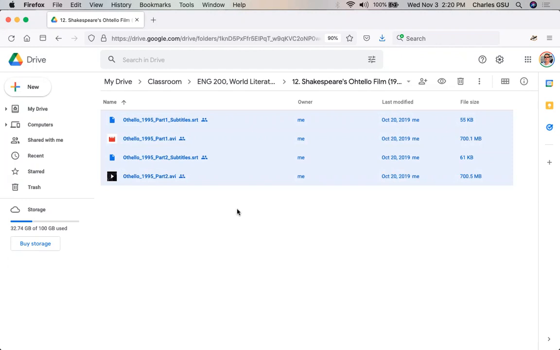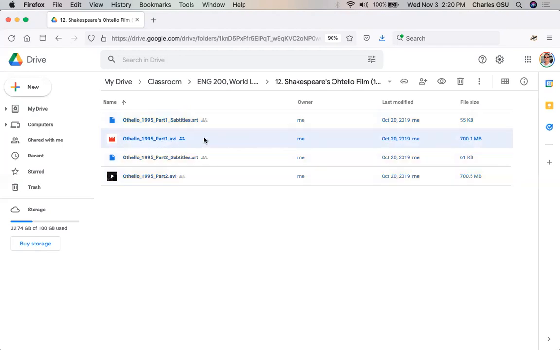Do not try to watch this film inside of this folder in the Google Drive. It won't work or work very well. And when you have all 4 of these files inside of one folder, you can then start the first part, this AVI file.